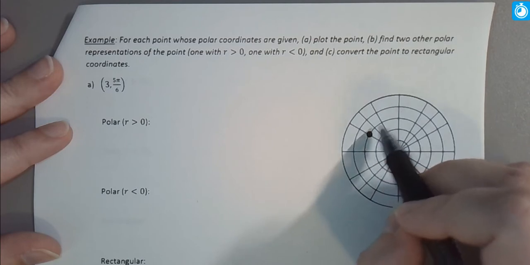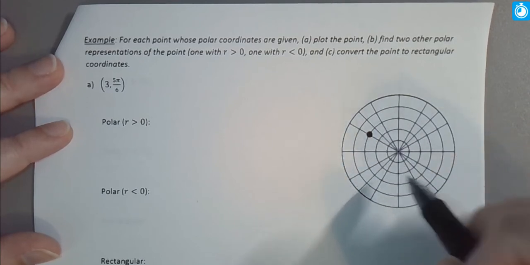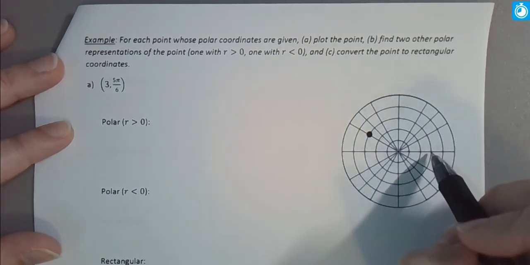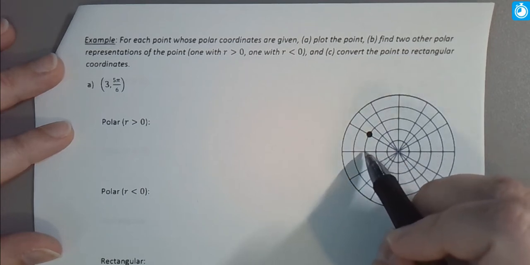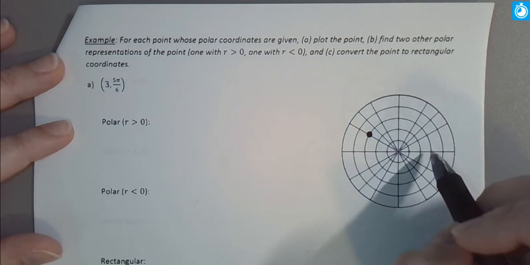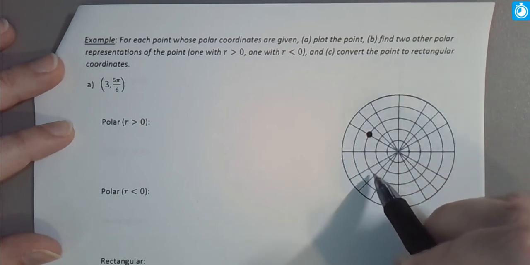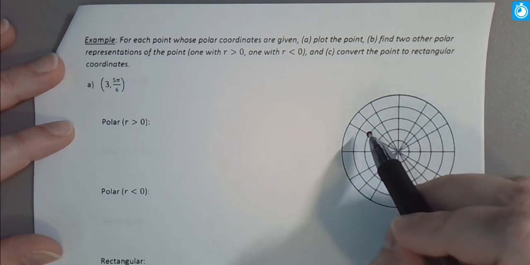So this particular point is on the third ring. That means any other representation we have for it has to take us to the third ring. So either the third ring in terms of r is equal to 3, or the third ring in terms of r is equal to -3. So again, if we want to start right here, start along the positive polar axis, we could rotate to 5 pi over 6, and then we could get back to the same location if we added on another full rotation and found a coterminal angle.